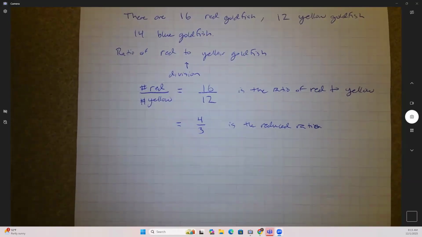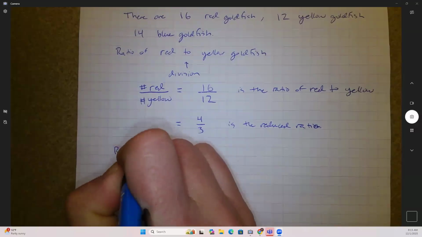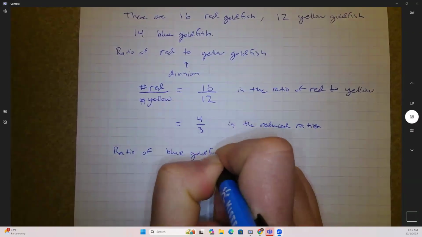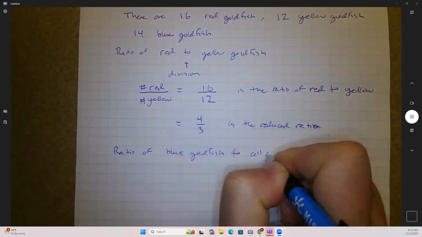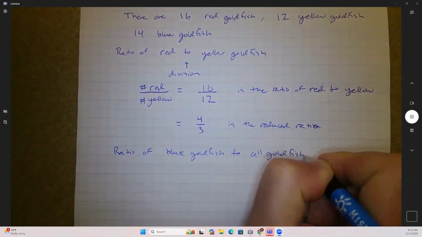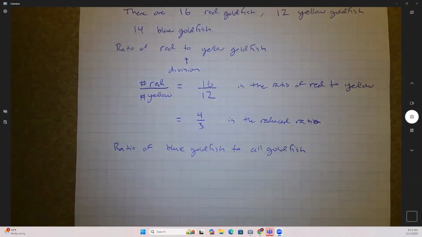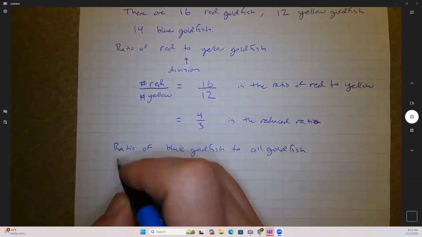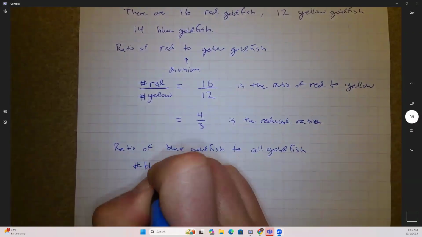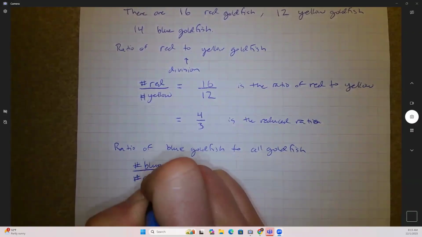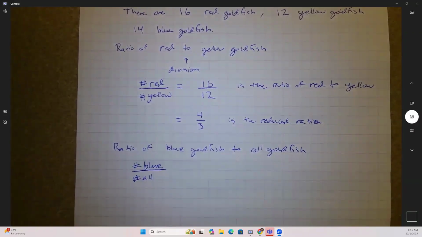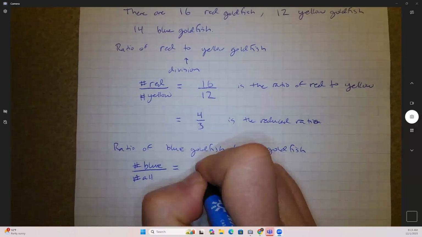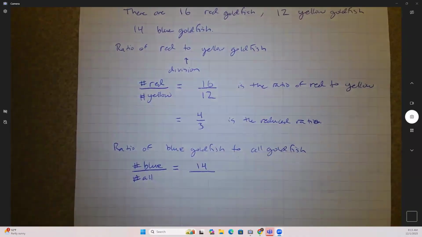I could also say, what's the ratio of blue goldfish to all the goldfish? Now I'm looking at the number of blue over the number of all colors of goldfish. There are 14 blue goldfish.